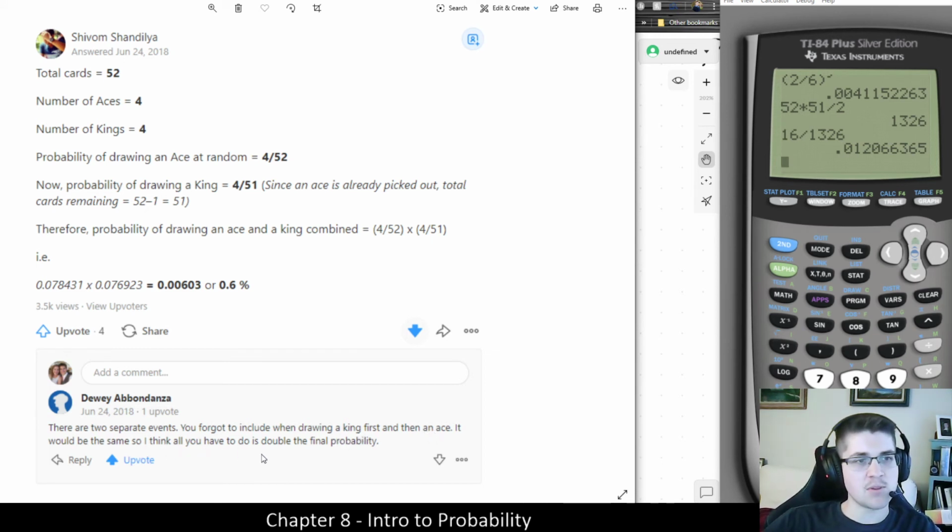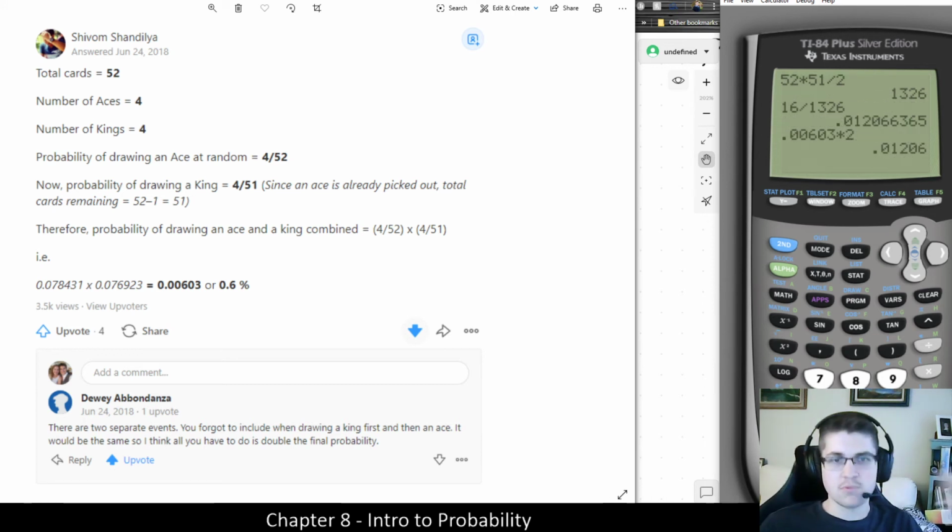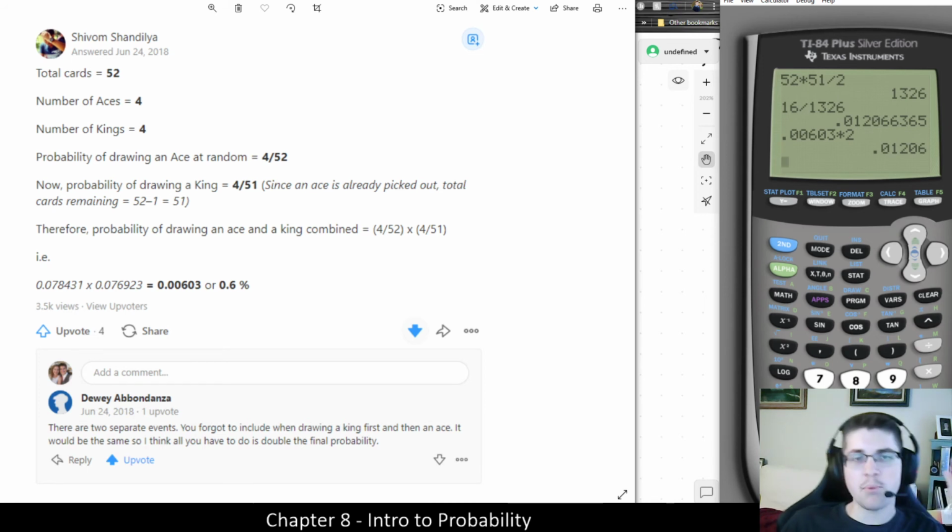It would be the same, so I think all you have to do is double the final probability. Which, yes, that's exactly true, because if you double his answer, 0.00603, what you would get is 1.21%, which is the correct answer.